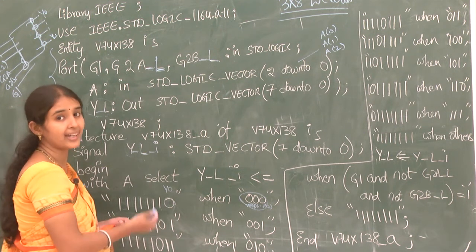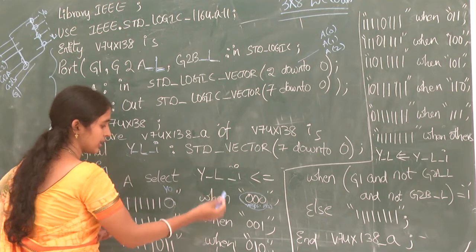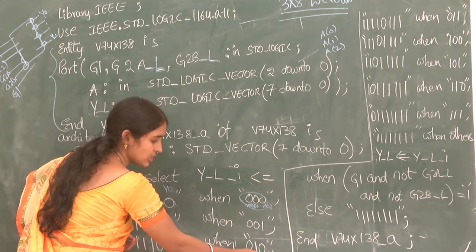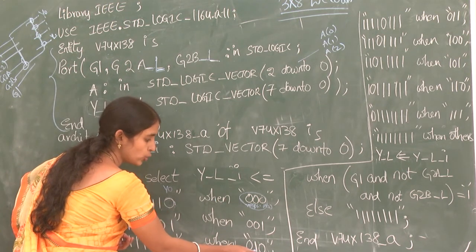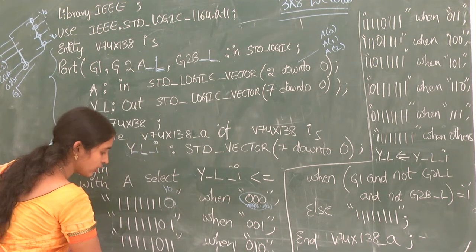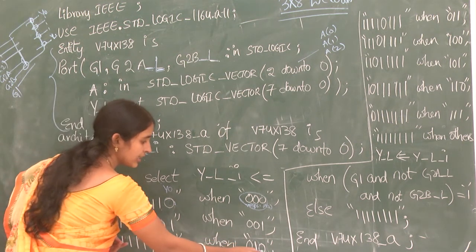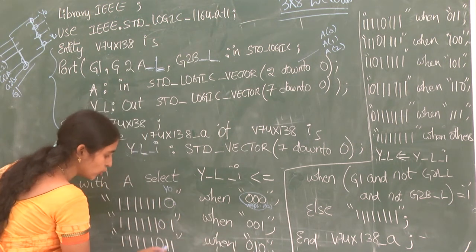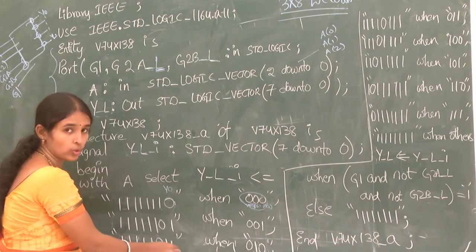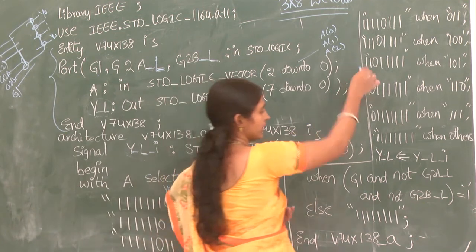That is nothing but your active low signals. So this is your internally generated signal. In the same way, 0 1 0 indicates 2, so this is y0, this is y1, this is y2. Only y2 will be active low, that is 0, and all others will be active high. Similarly, you will know all these things.